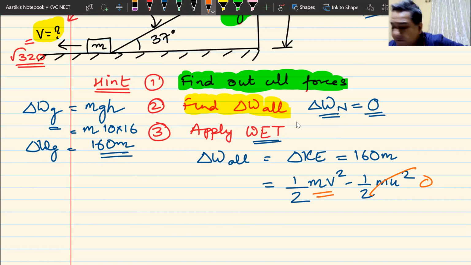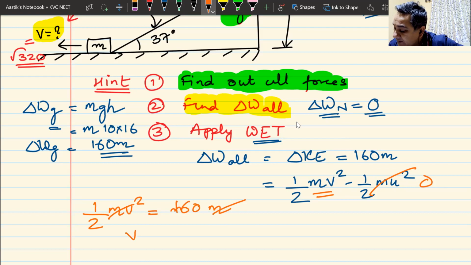The only thing that is left is half mv square. So on one side I have half mv square, and on the other side I have 160 m, and that will give me v square as 320. And as you said, v will be root over 320, and that is absolutely correct.